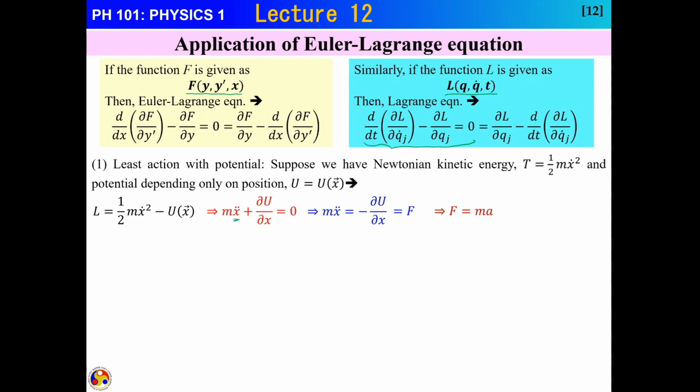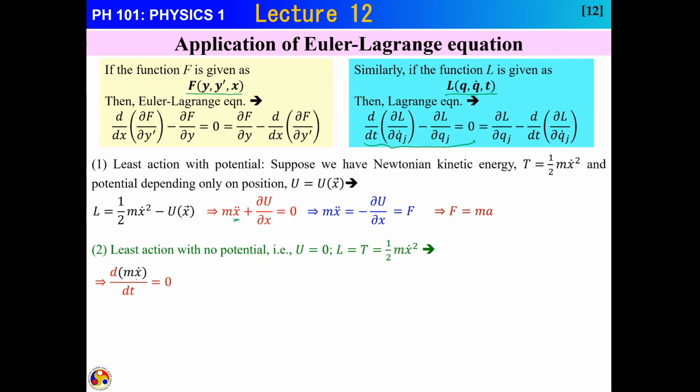So there's no confusion. Suppose I consider a least action with no potential. Suppose a particle is on a plane where there is no potential. What happens to that least action? How will it move? Let us do it the same way. Where the potential is 0, you have only the kinetic energy. So L equal to T, which is given as half m x dot square. So let's put it in. This equation will give d by dt of m x dot, because the derivative of the Lagrangian with respect to x dot gives m x dot, equal to 0 because there is no dependence on the x component.